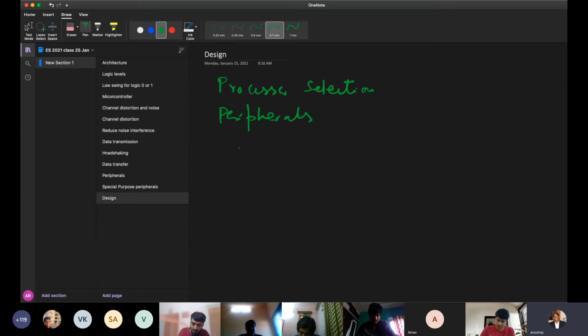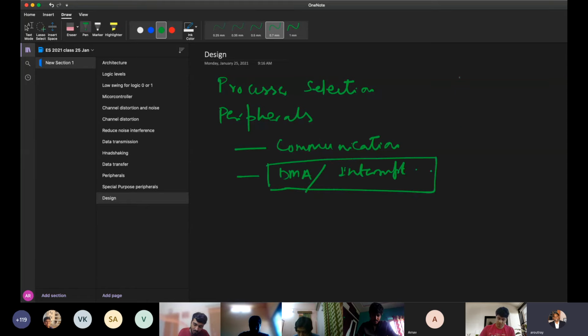Out of the peripherals, you have to worry mostly about communication first. How will it communicate? Then other peripherals like DMA, interrupt, etc. These are there by default. Most of them come with the controller. That means when you have a microcontroller, all these default things come in.